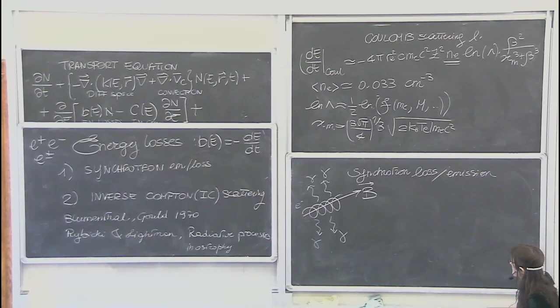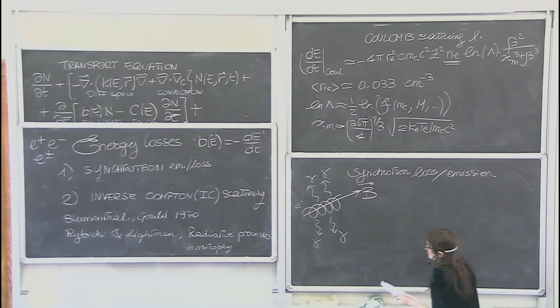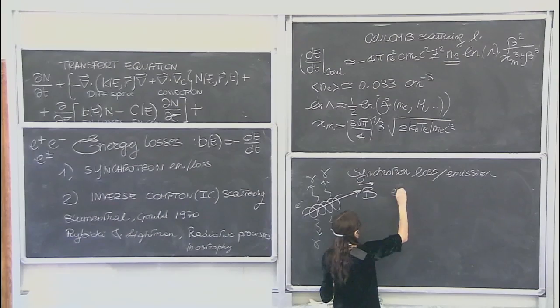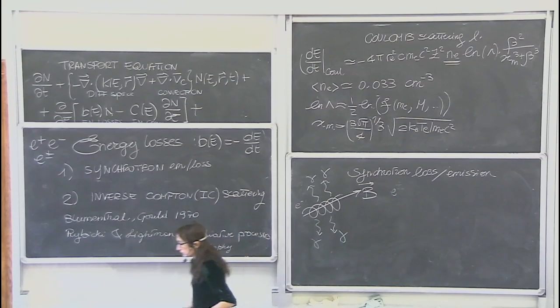So the synchrotron emission or losses is the interaction of E plus E minus with magnetic fields.